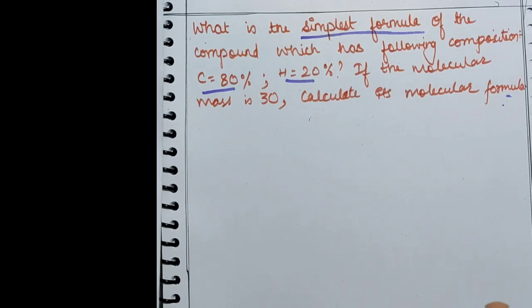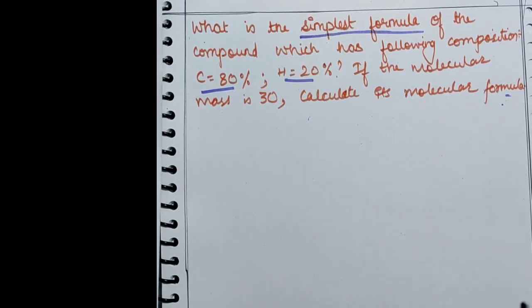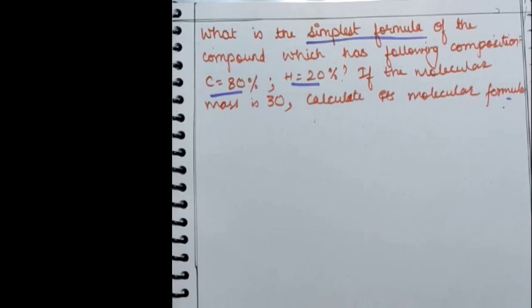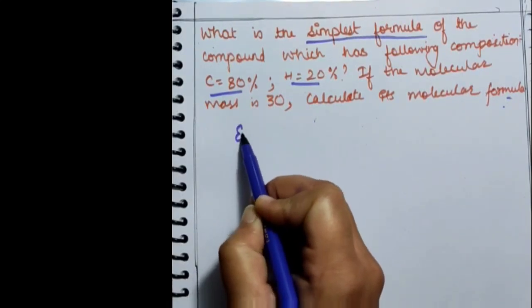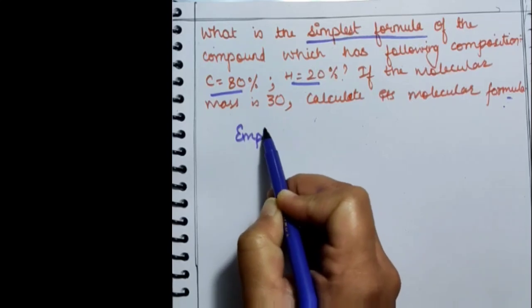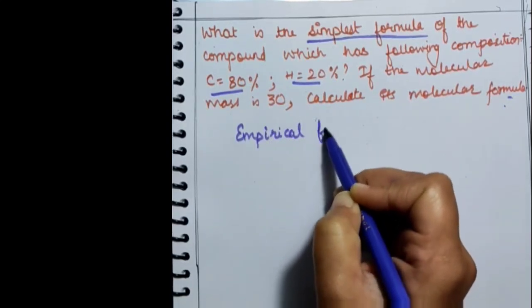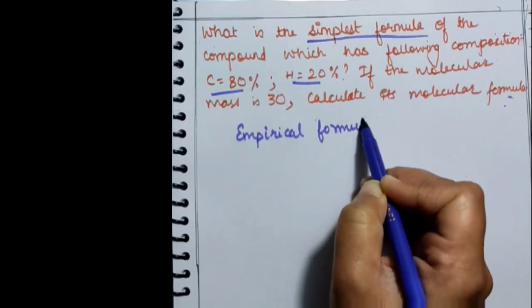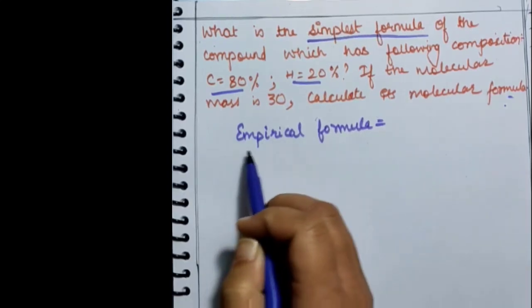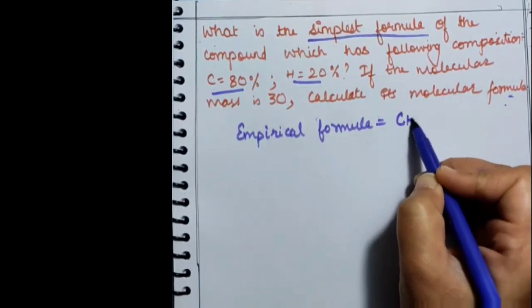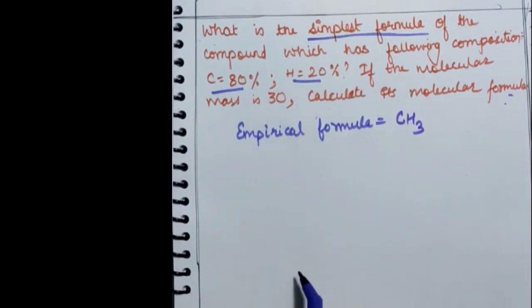I will share the link in the description box for part 1. But if you find any difficulty in finding out the empirical formula for this question, please let me know in the comment box. I will explain again how to find the empirical formula for this question. When we find the empirical formula, we will get CH3.